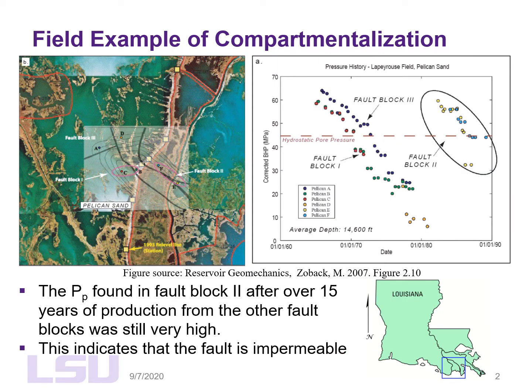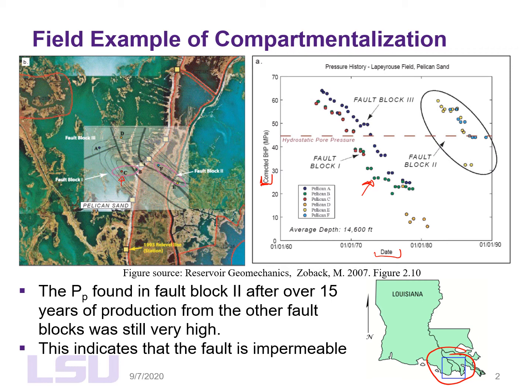So this is a field in Louisiana. You see the 4 blocks as the black line. The dots are the wells, A through E, and the colors of these dots here are used in the color of the plot of pore pressure, bottom hole pressure versus time.